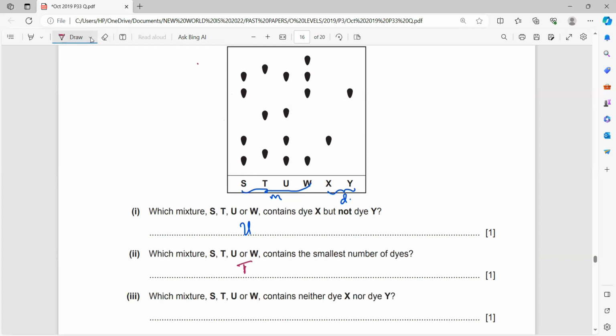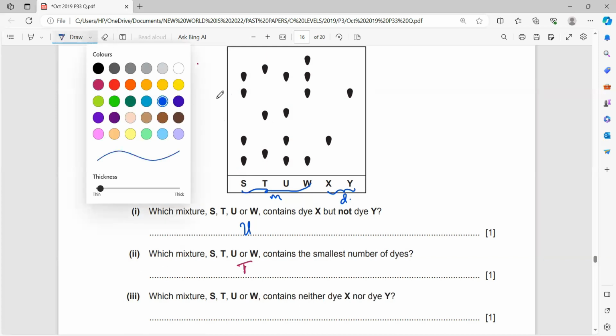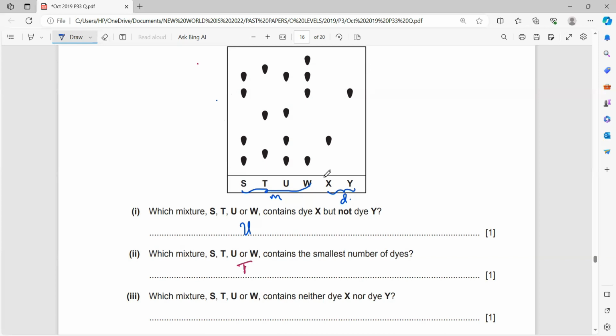So neither dye X nor dye Y. So all you need to look at, for example, S has what? X and Y. What about T? T would contain none of them. Look at the dyes. Look at T. T has none of them. So it doesn't contain any of those, X or Y.